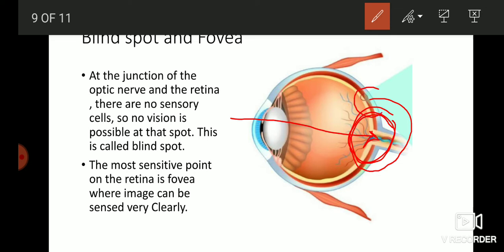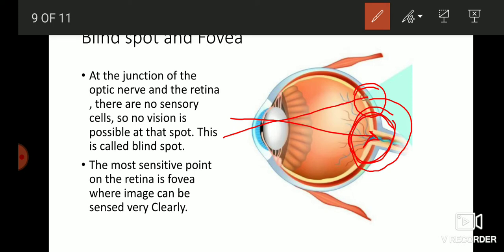And there is another point where most of the light sensitive cells or photoreceptors are present, known as the fovea. When light falls on that part, we can see the object very clearly and distinctly. So these are the two points: one where the image forms best and another where no image is formed.